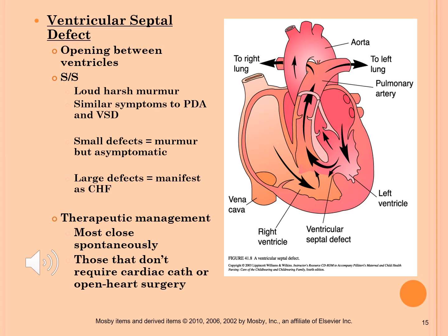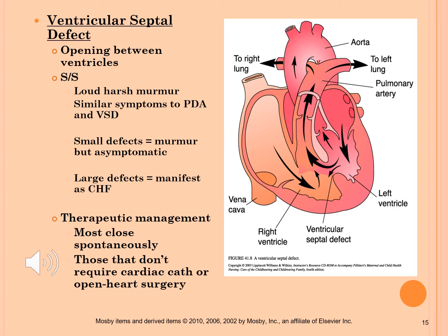It allows oxygenated blood from the left side of the heart to go to the right side of the heart, which ultimately increases your pulmonary blood flow, which then leads to increased volume of blood returning to the left side of the heart. So it can actually lead to left side enlargement over time.